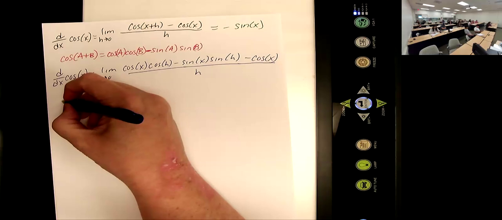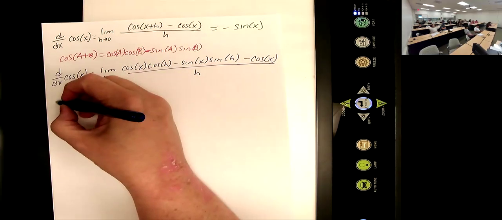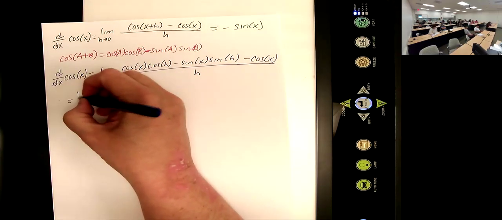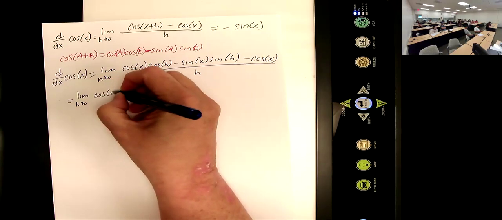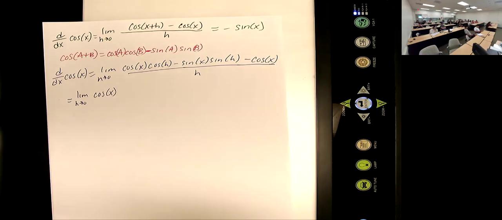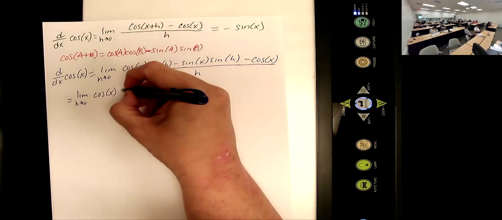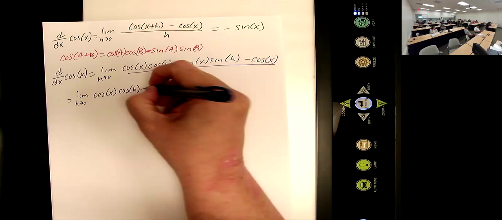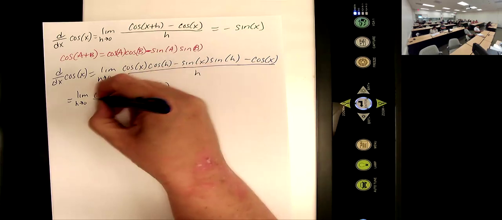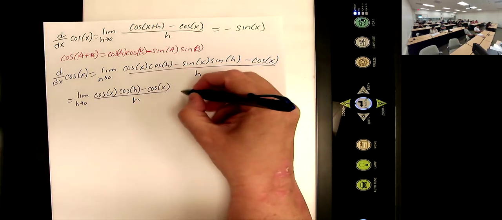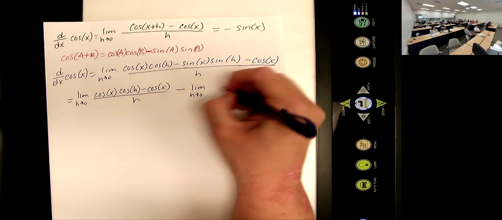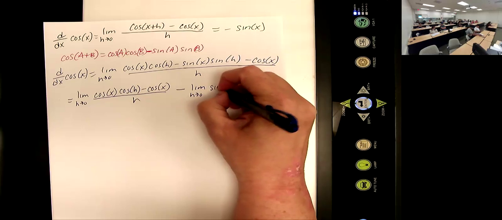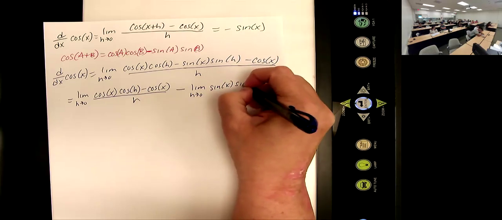Two of these have a cosine x in them, we'll put those together: cosine x cosine h minus cosine x over h. And that leaves us with minus the limit as h goes to 0 of sine x sine h over h.